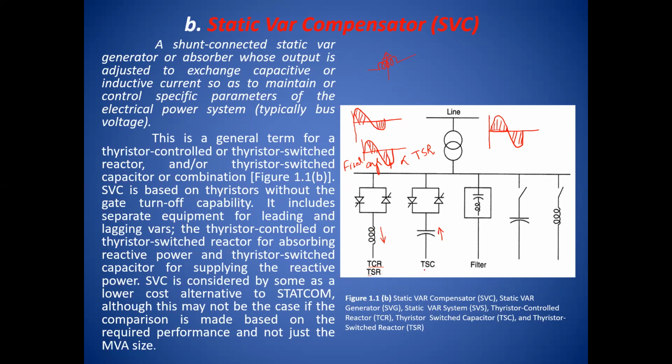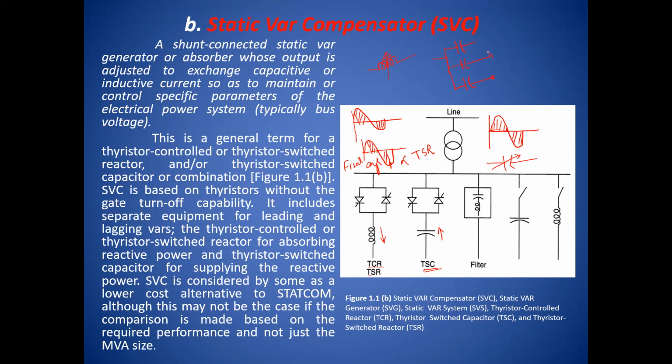Second is the thyristor switched capacitor. Here, a thyristor controlled capacitor is not there, only a thyristor switched capacitor, because the capacitor is controlled in a step manner, not in a smooth manner. Here a number of capacitors are connected: one capacitor, second capacitor, and third capacitor.